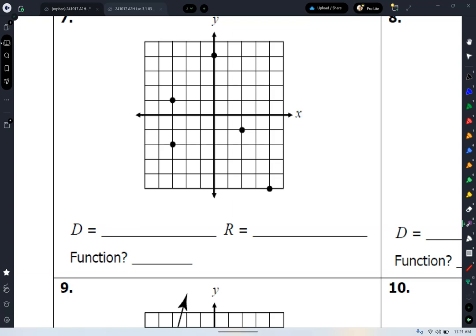Why don't you create some limit boxes for your domain and your range. Let's see what you can come up with. Okay, go ahead.